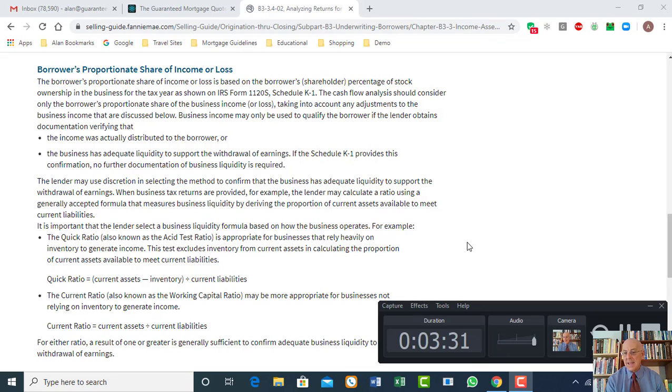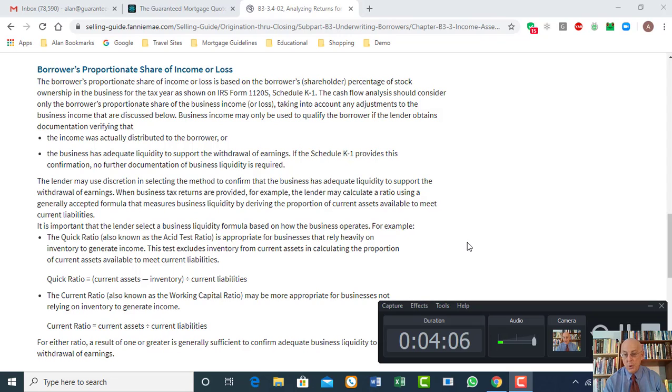And in fact, even if the business does not pass the liquidity test at the end of 2018 or 2019, but it passes it through a CPA prepared balance sheet during 2020, that Fannie Mae is allowing the income for both 2018 and 2019 to be used. They're saying that if there's current liquidity, that's enough to support the liquidity test for the prior 2 years.